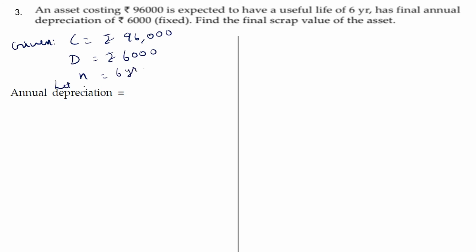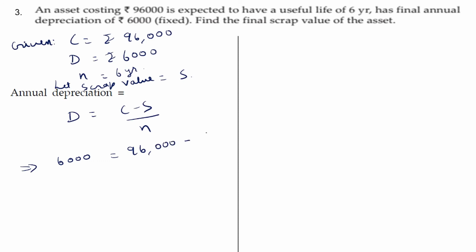Let the scrap value be S. We have annual depreciation D equal to (C minus S) by N. So from this, 6,000 is equal to (96,000 minus S) upon 6.